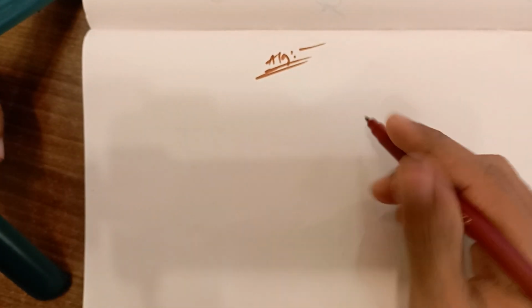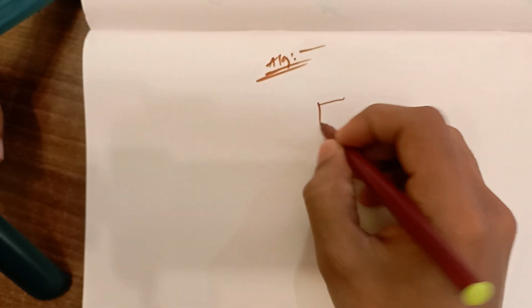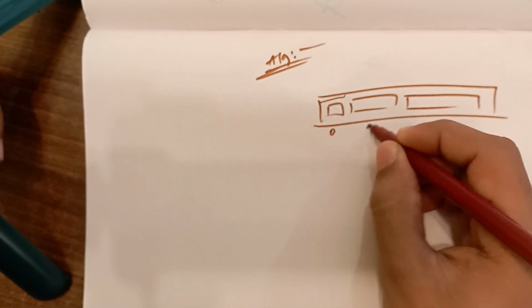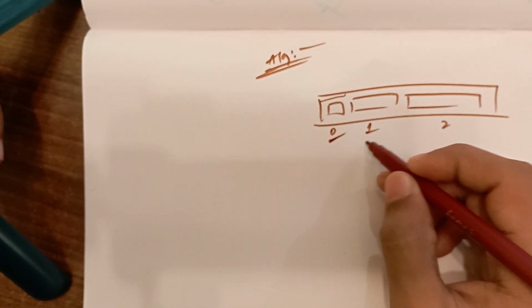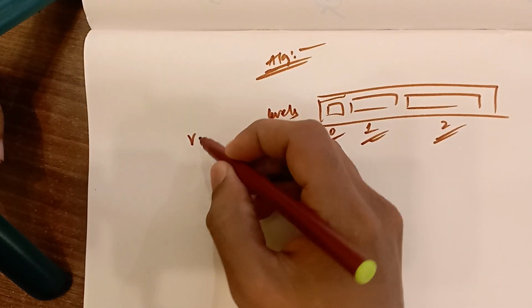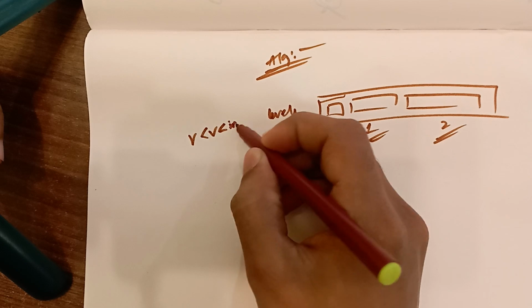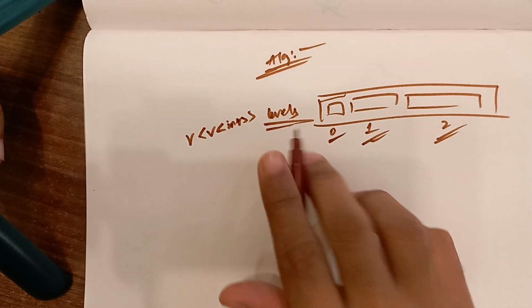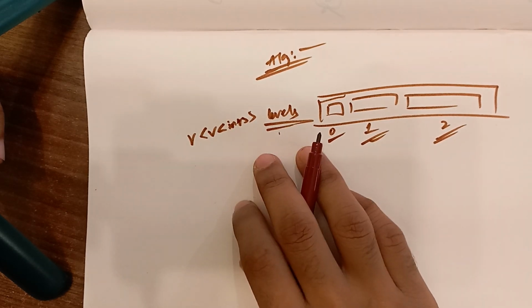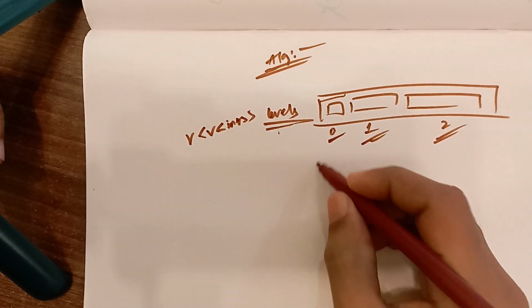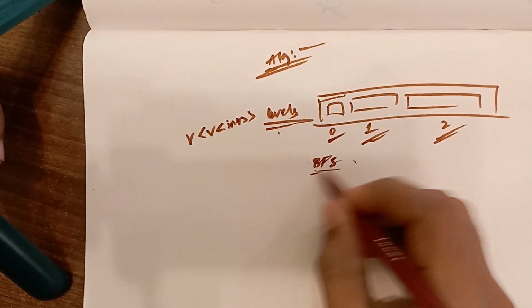The first thing we do is take all the levels. So this is level 0, this is level 1, this is level 2. These are the levels stored in a vector of vector int. We need to store all the levels in our vector of vector int. Now we need to do BFS, breadth first search.